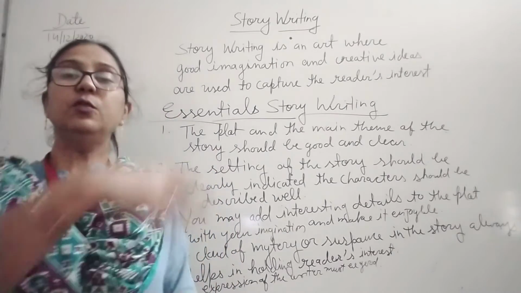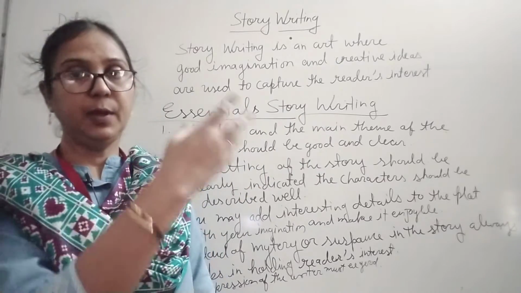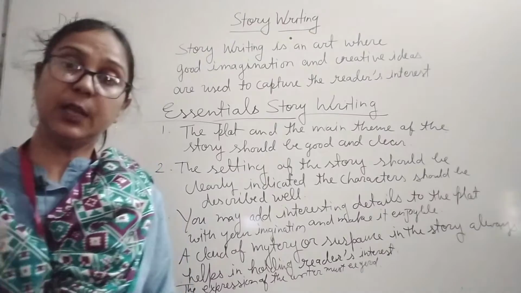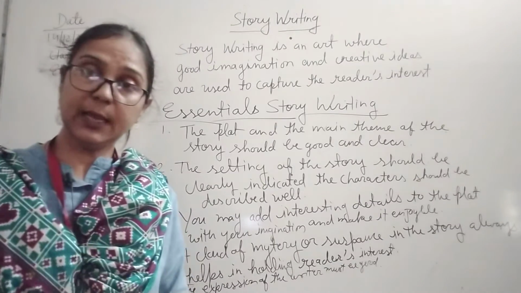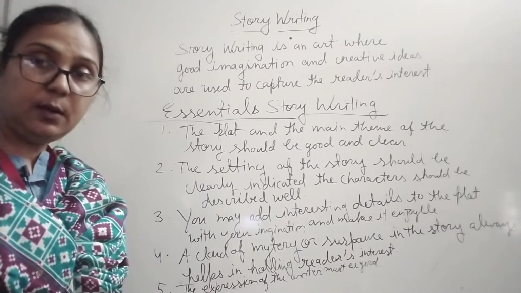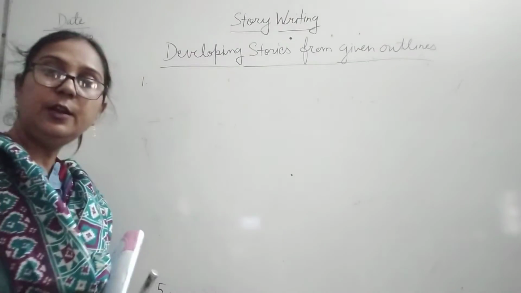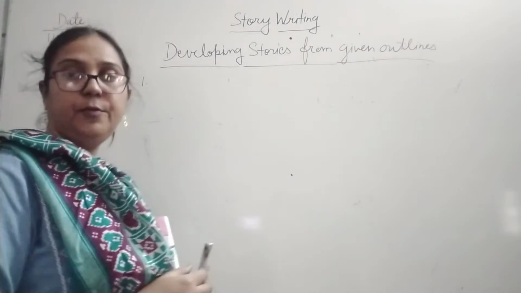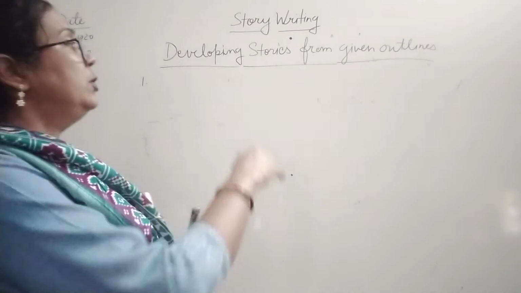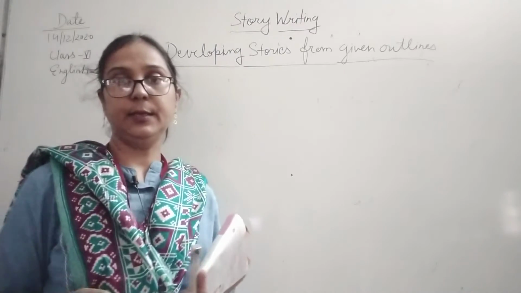So this time you have to create the story from beginning till end. So how are we going to create a story from the given outlines? That we are going to learn. So children, our next topic of writing a story is developing a story from given outlines.